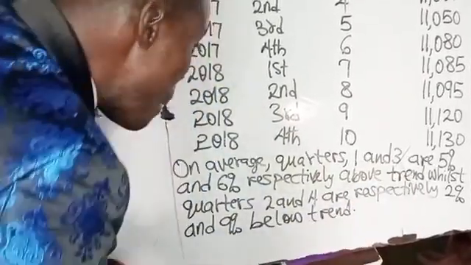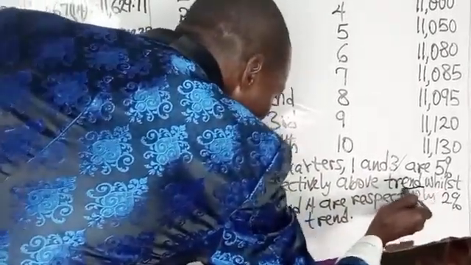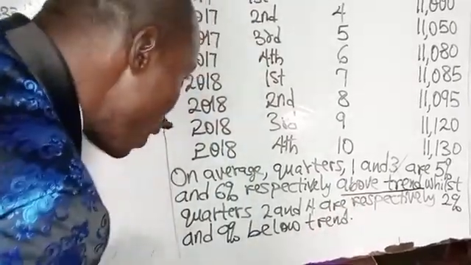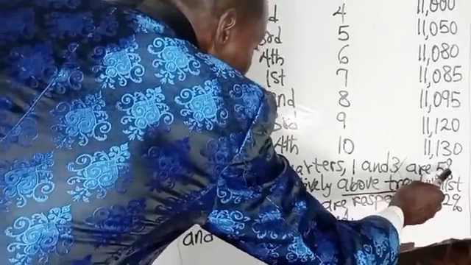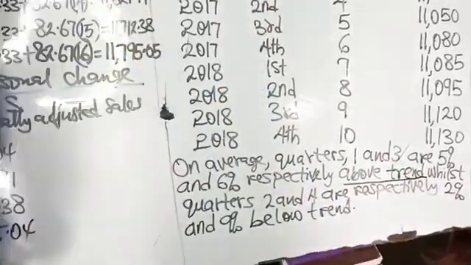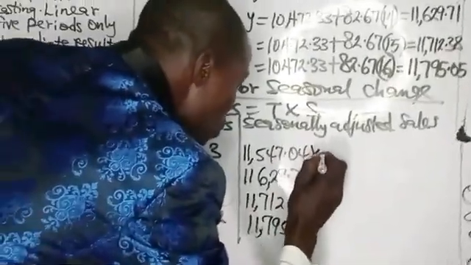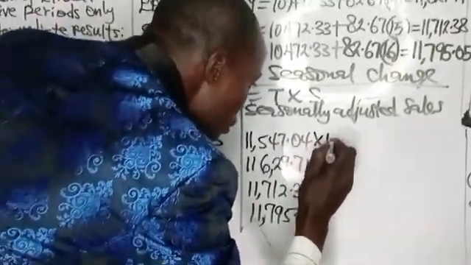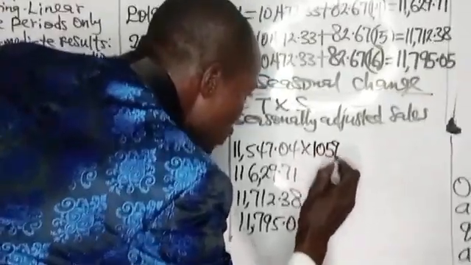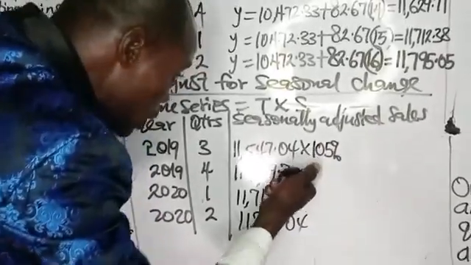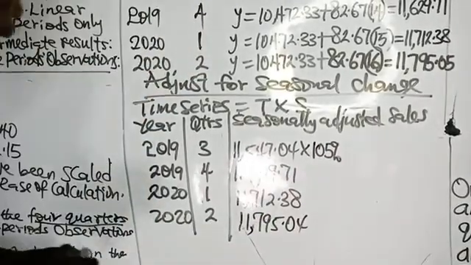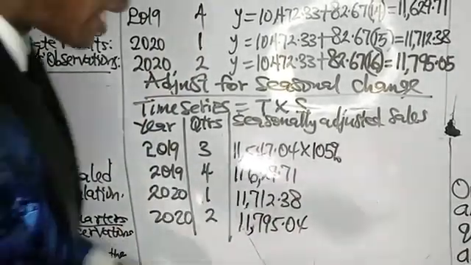Since it is above trend, that means it increases. Quarter 1 is 5% above trend. Then you add 5 to 100, then you have 105. That is for quarter 1, 105%. 105% means divided by 100. 105 divided by 100, which is 1.05.